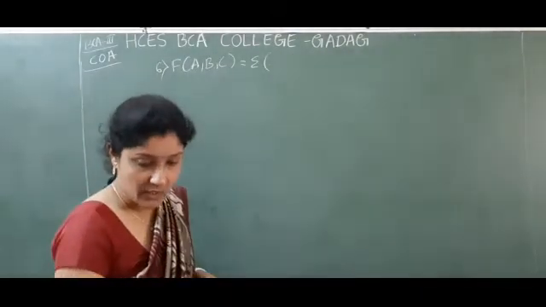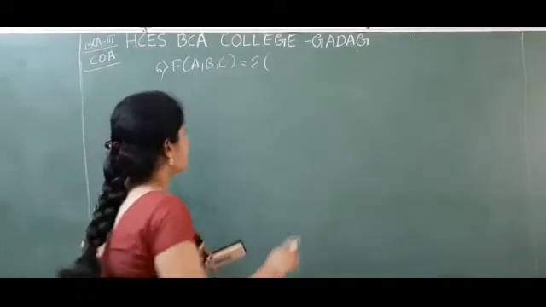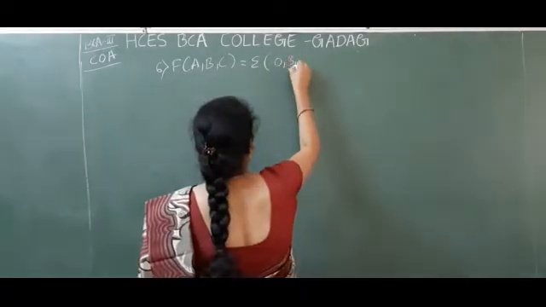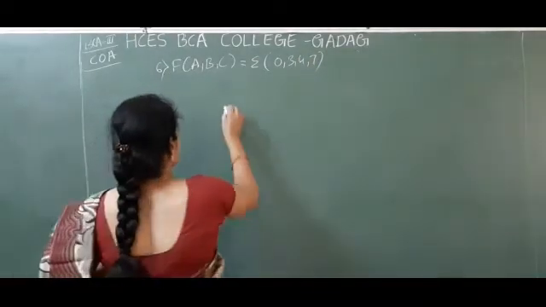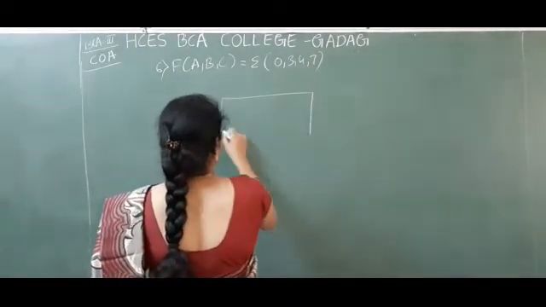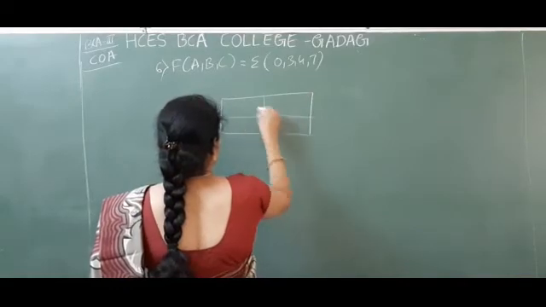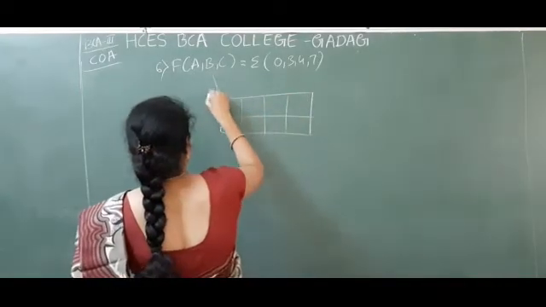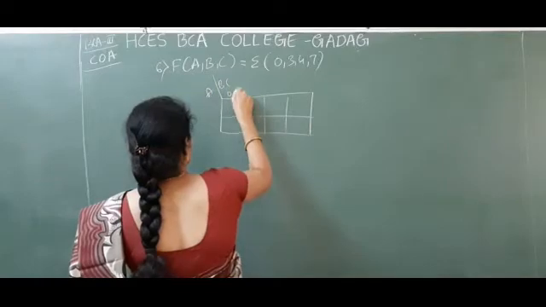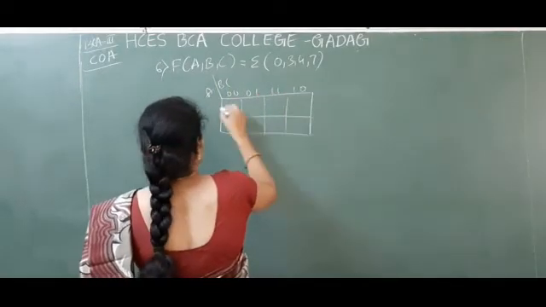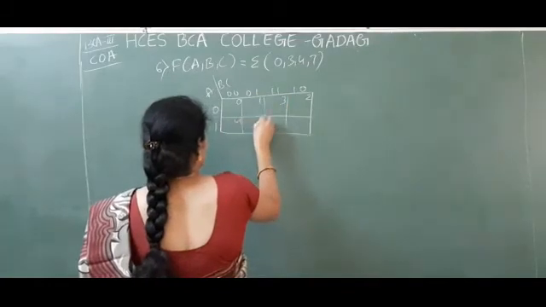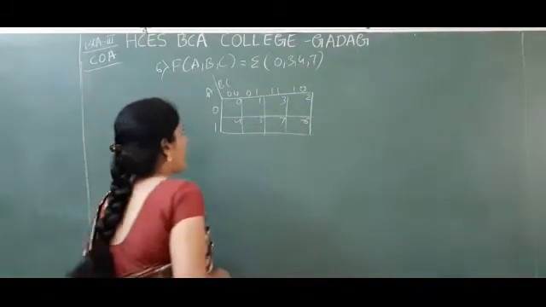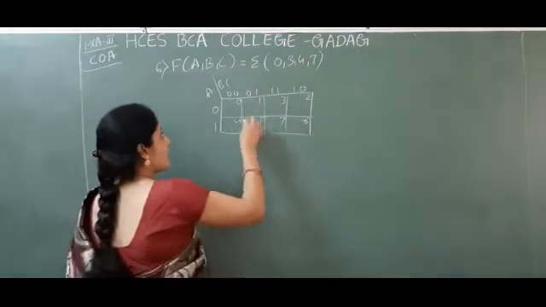Okay, now the next one is 0, 3, 4, 7. Now see, 0, 3, 4, 7.